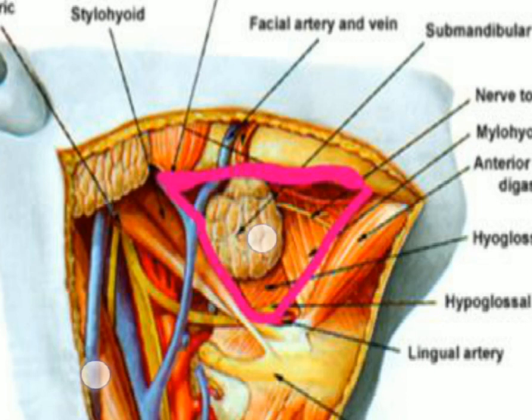Then it contains the submental artery, which is a branch of the facial artery. When the facial artery comes below the chin, it gives a branch known as the submental artery, which is also contained in this triangle. Because the mylohyoid muscle contributes to the floor of this triangle, it also contains the nerve to mylohyoid and vessels to the mylohyoid muscle.